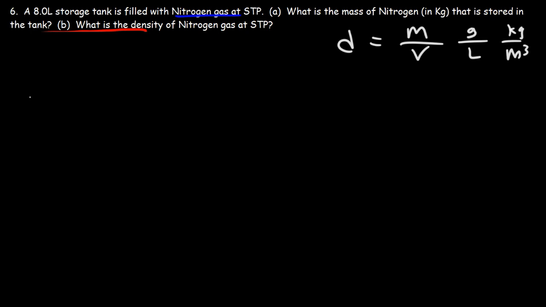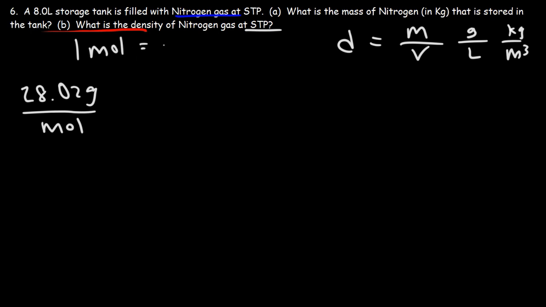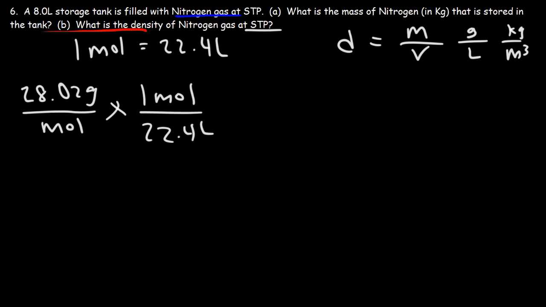Let's start with the molar mass of nitrogen. We said it was 28.02 grams per mole. Now, at STP, you need to know that 1 mole of gas occupies a volume of 22.4 liters. So we could say 1 mole over 22.4 liters in the next step.